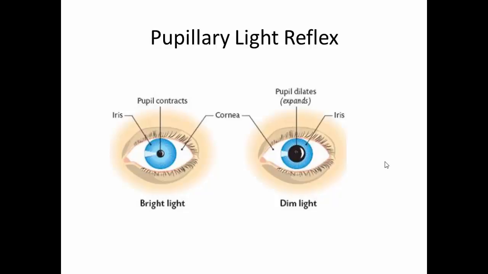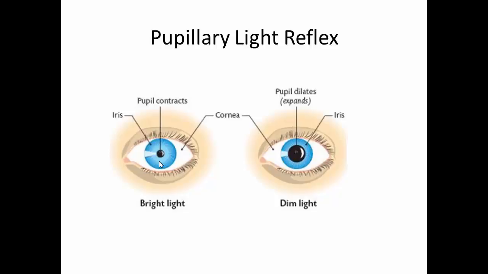If I shine a light in the eye, it is going to cause that pupil, the dark spot in the center, the hole in the eye essentially, to get smaller. It constricts. The iris is the smooth muscle that responds to that. So that's the effector organ, the iris contracting and causing that pupil to be smaller. If I shine that light into the right eye, I'm going to see both eyes' pupils constrict.